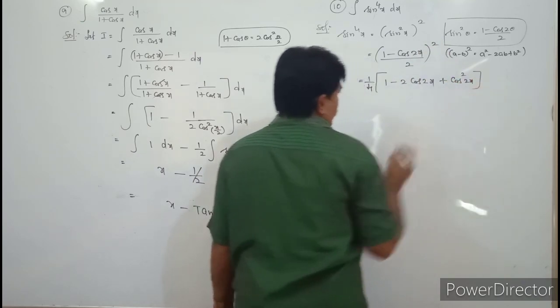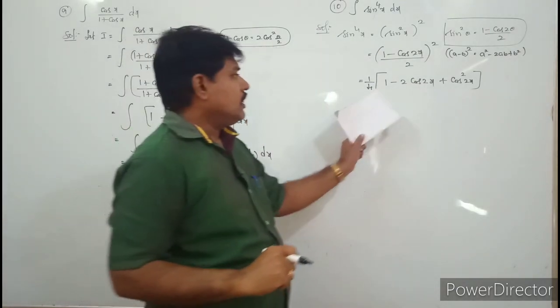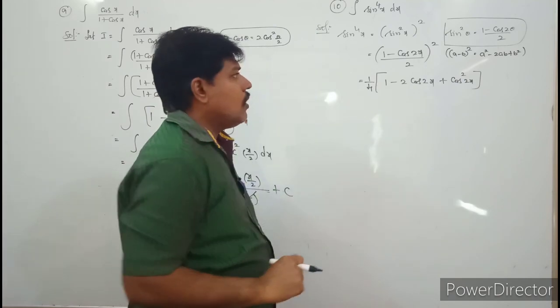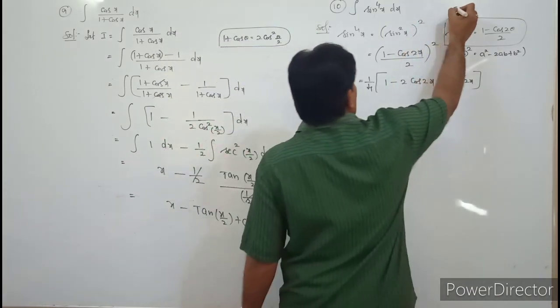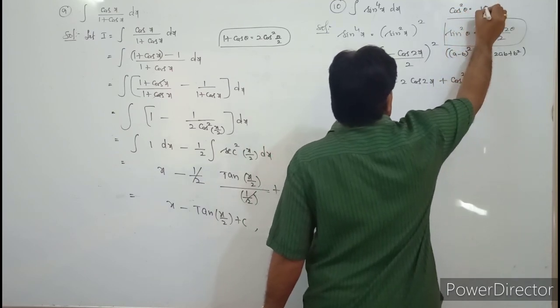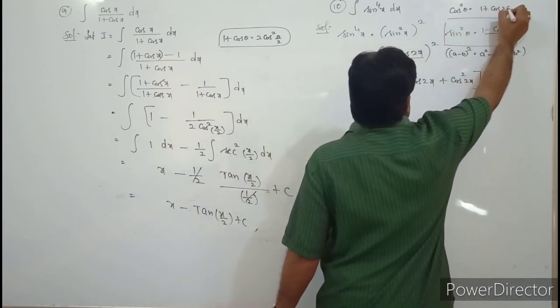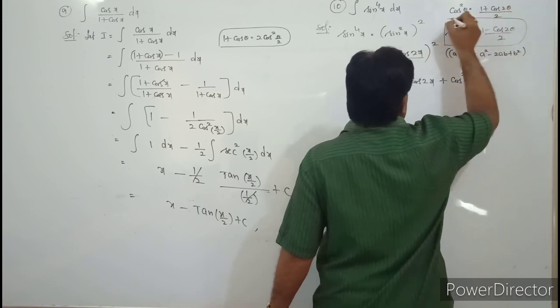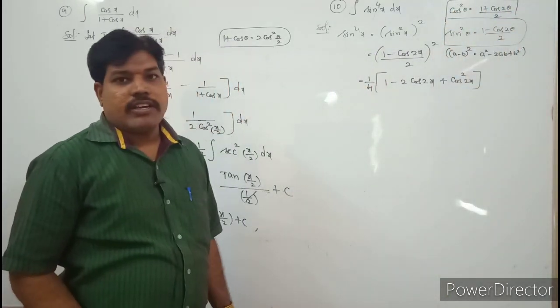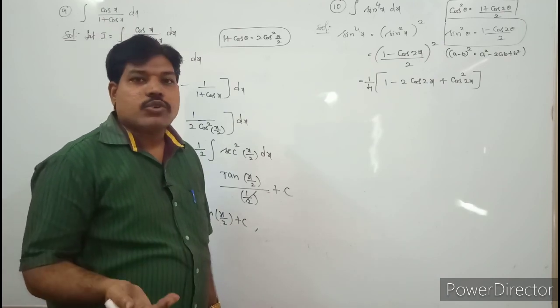A square minus 2ab plus b square. Already I know one more formula. What is that? Cos square theta is nothing but 1 plus cos 2 theta by 2. One more formula I am going to use here.